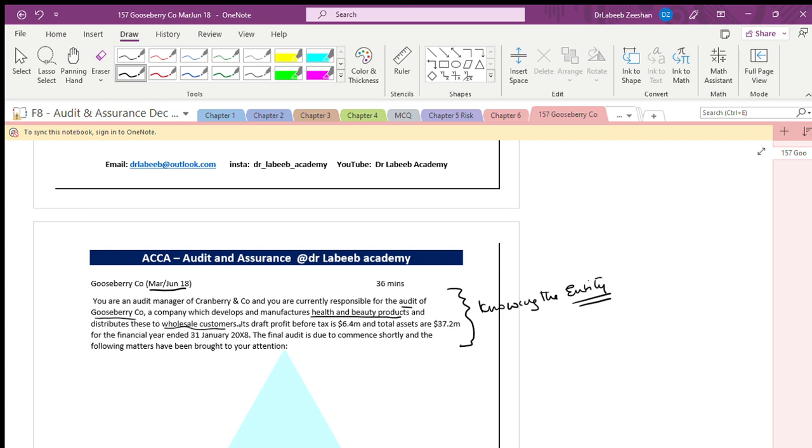Draft profit and loss, profit before tax 6.4, and total assets are 3.7. See, I am giving you a hint here.